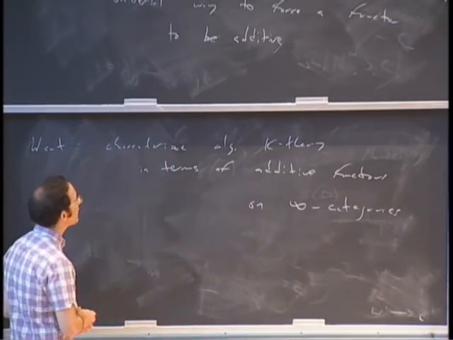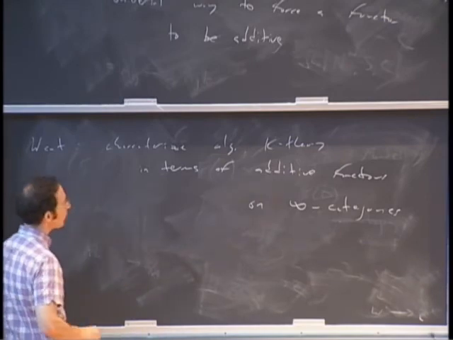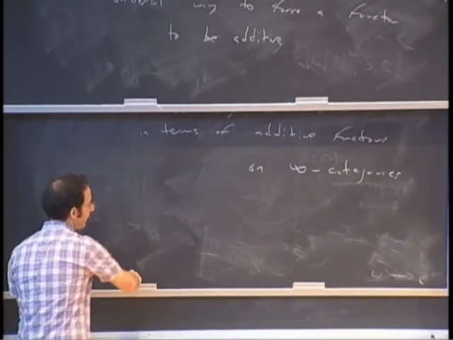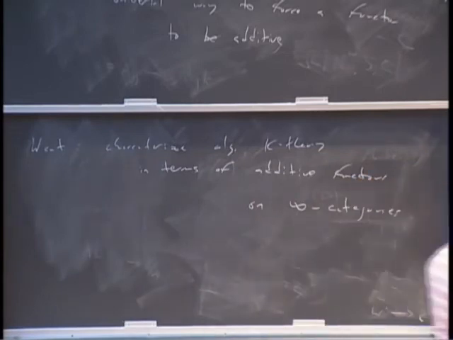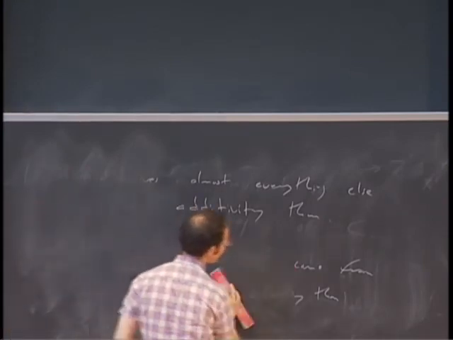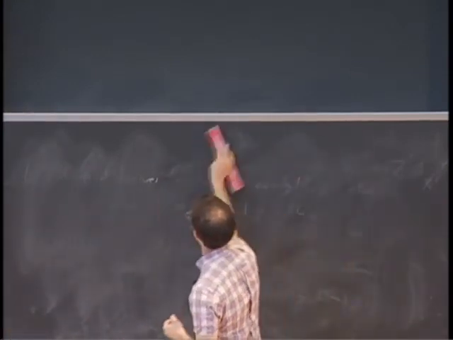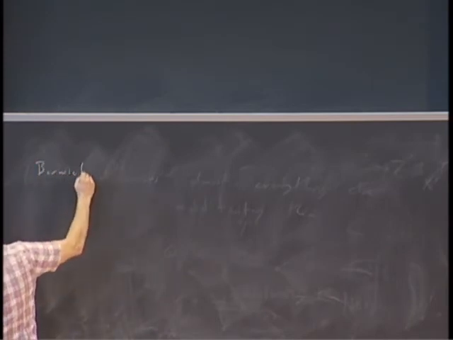So we can characterize algebraic K-theory in terms of additive functors on infinity categories, and there are two approaches to this that I want to describe in accelerated sketch form. So one of them is due to Clark Barwick.